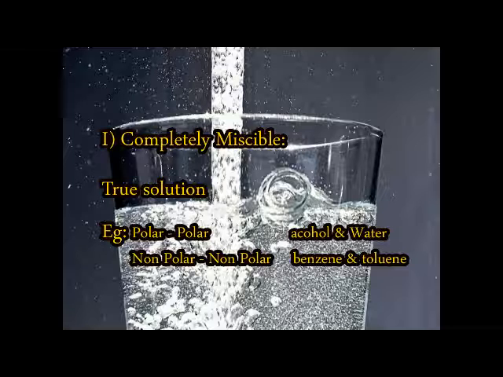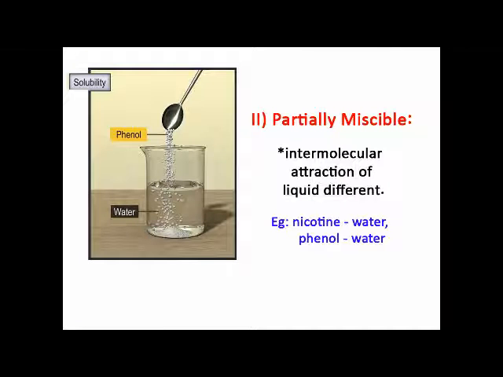So, like dissolves like. Examples for completely miscible solutions are alcohol and water, and benzene and toluene. Alcohol and water are polar liquids and benzene and toluene are non-polar liquids.